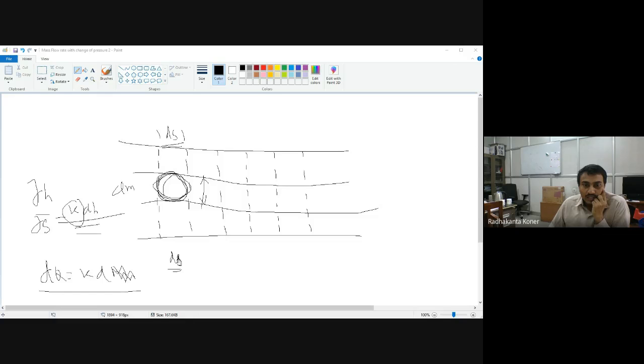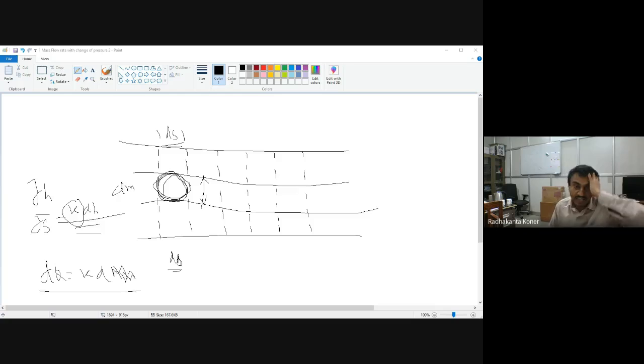Here, Q is basically related to the number of flow lines we have. That we have to give a nomenclature: how many flow lines there are, which flow line, and how many potential differences there are.